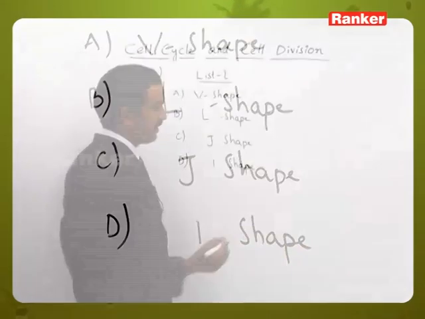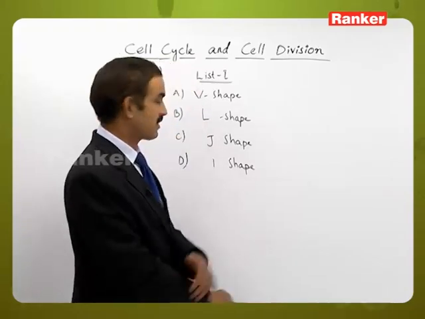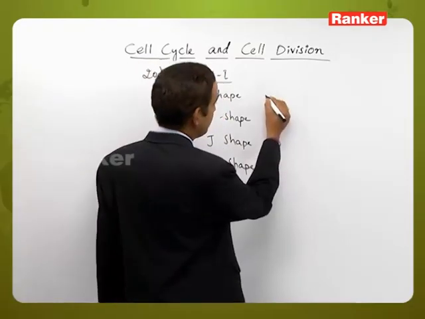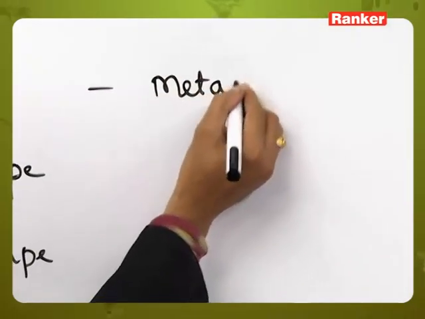When they acquire different shapes, in the V shape structure, the centromere is exactly present in the center and the two arms are equal in size. This can be seen in the metacentric.